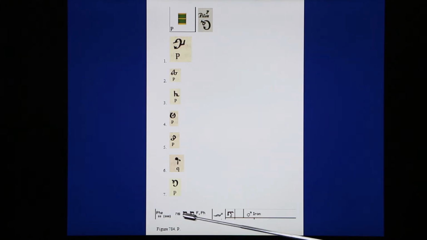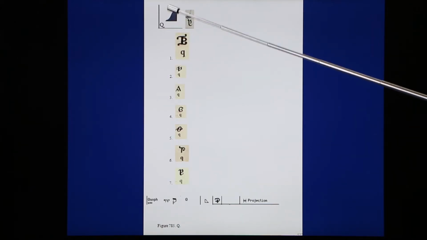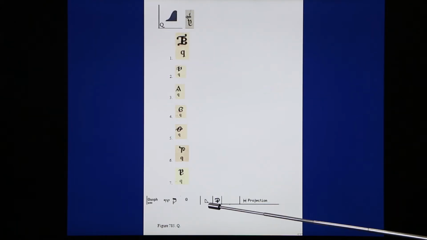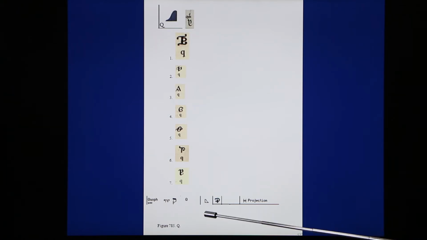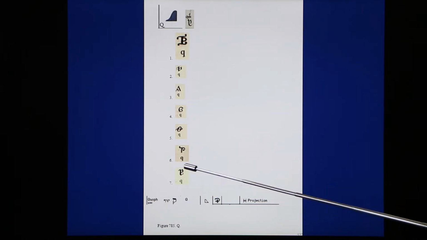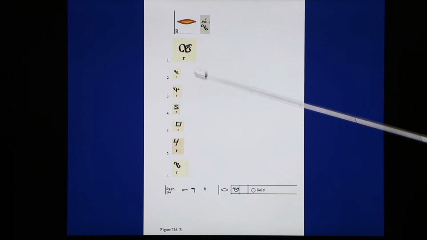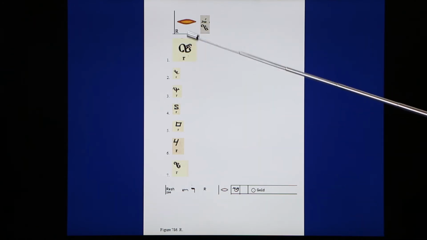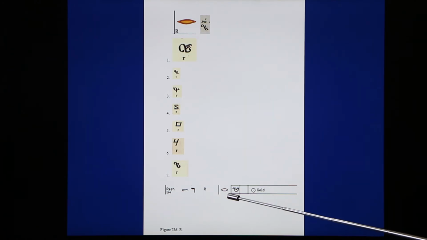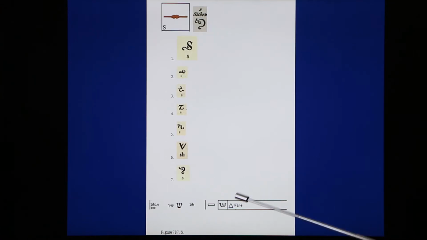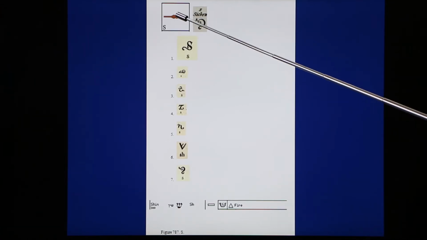P, now the image is reversed, but it's clearly connected. R, again they have copied the hieroglyphs systematically, well, almost systematically.